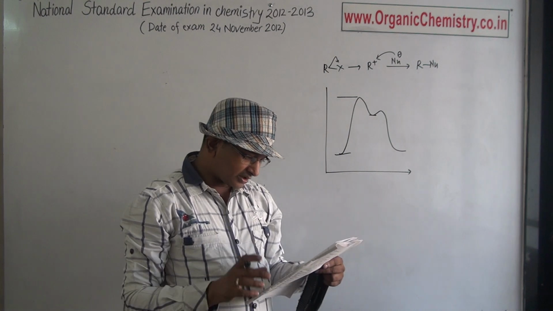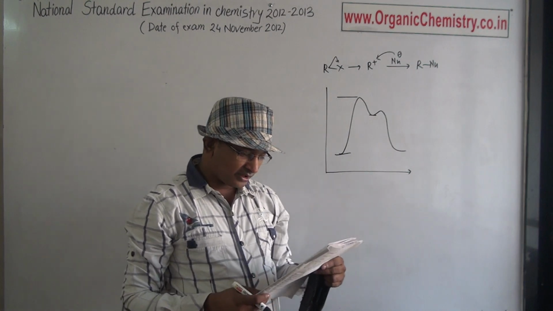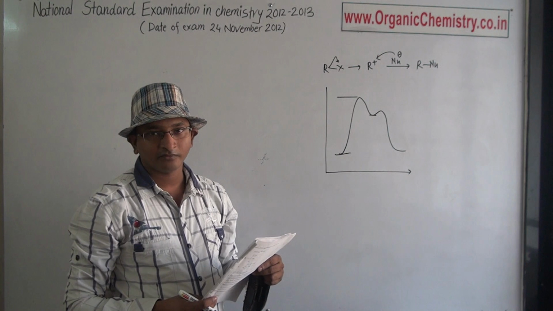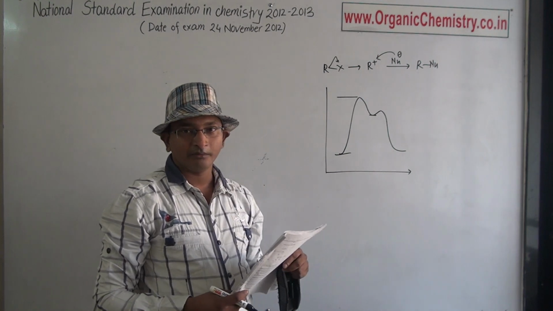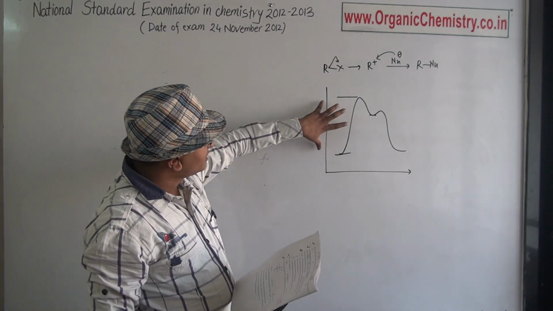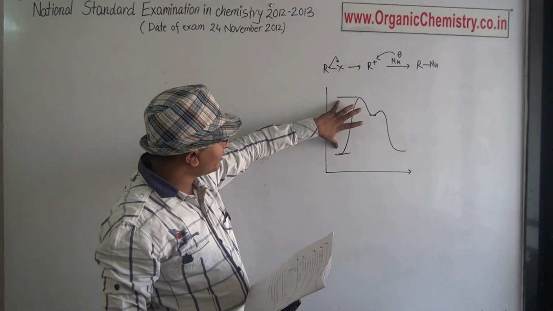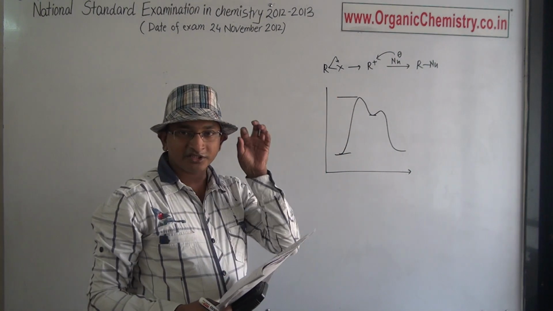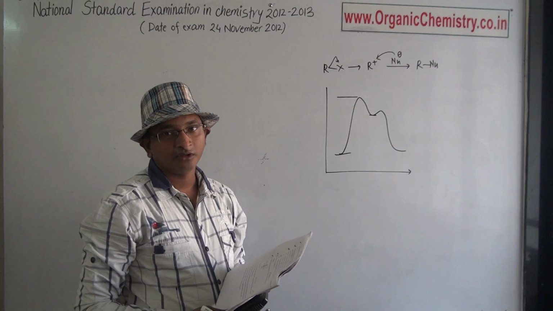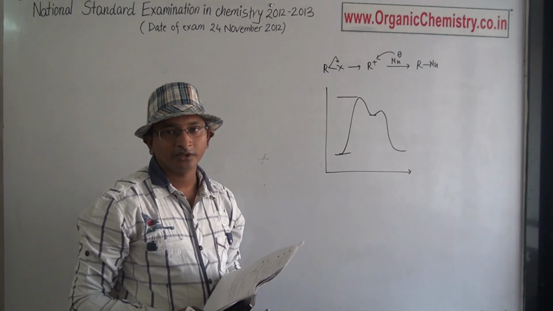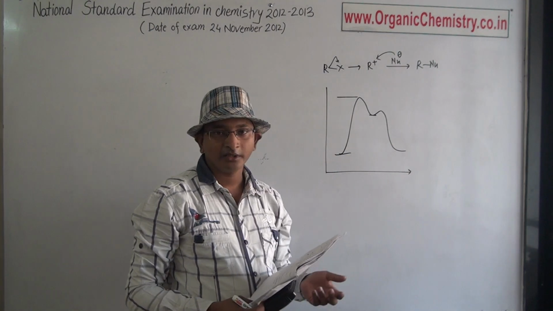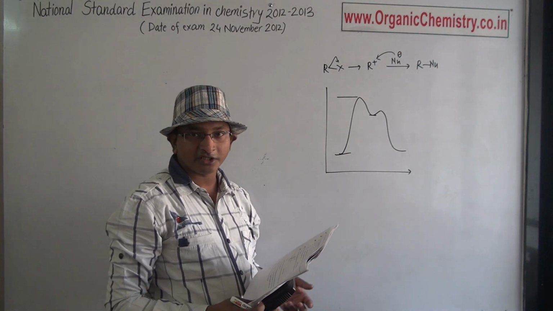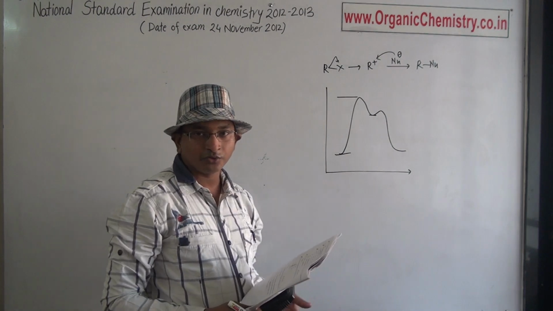Which energy content of the reacting species? This information is not given because this is part of physical chemistry. The energy content is a fixed value. It may be 100 kilojoule for one reaction, 200 kilojoule for another reaction, 500 kilojoule for another.